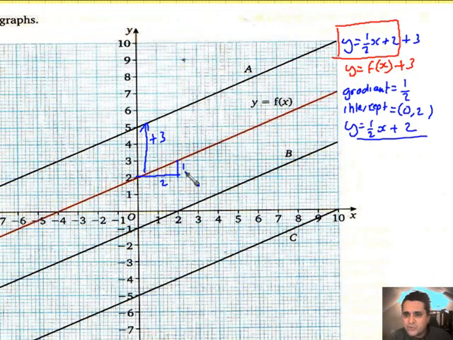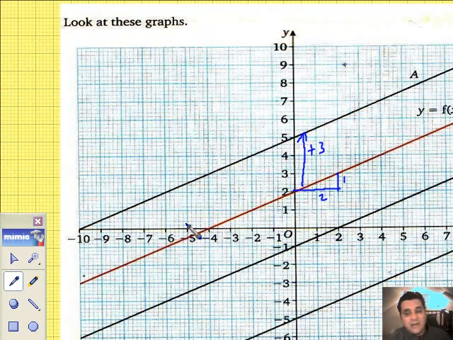I've got my half x plus 2 encoded there as my original f of x, and all I did was lift that function up 3 units. Now I can see very clearly what the equation of the transformed function is, and I'll tell you what that is later on.